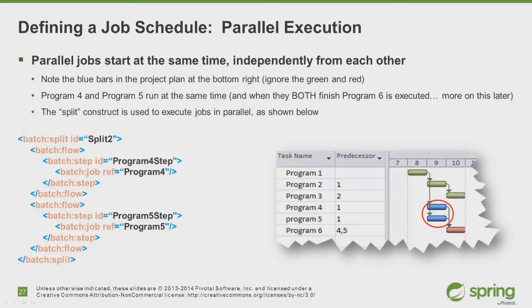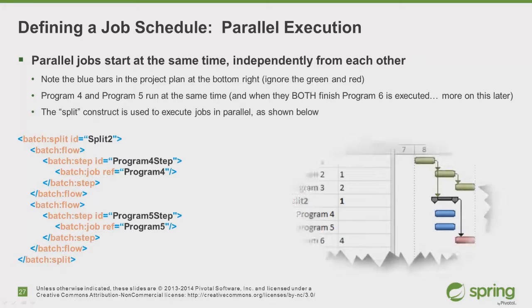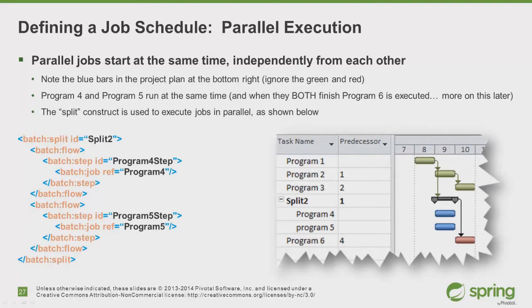So we see something called in the XML on the left, split 2. And split 2 contains two flows. The first flow executes program 4 step that runs program 4, and the second flow executes program 5 step that runs program 5. Those two flows execute in parallel. We could redo the project plan then to show it that way.